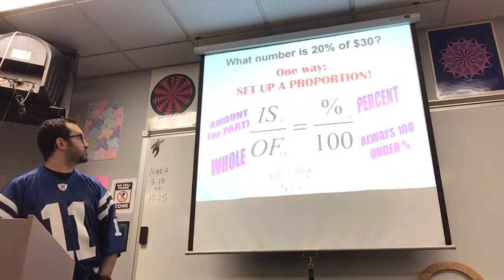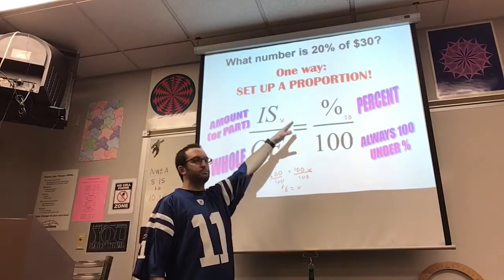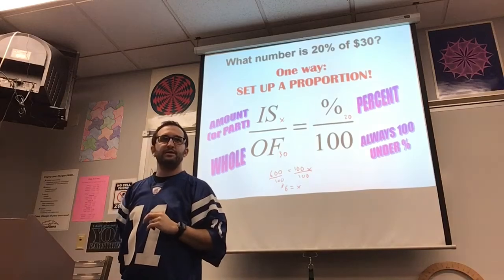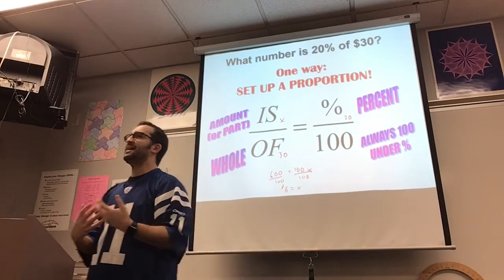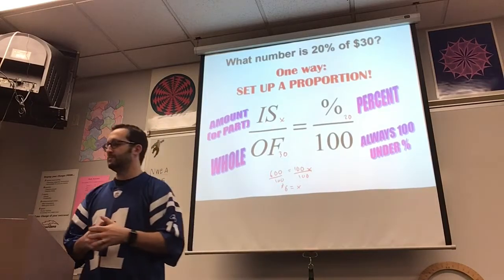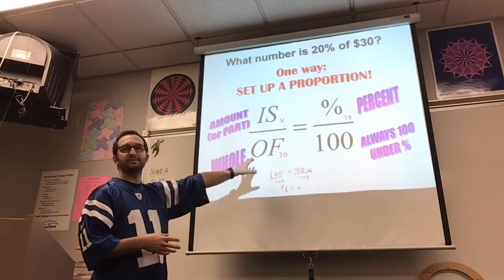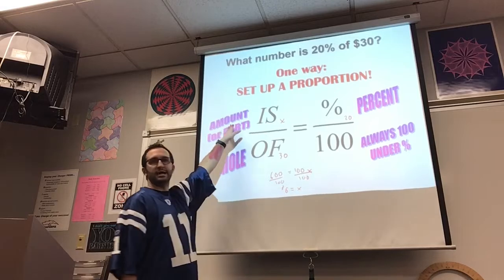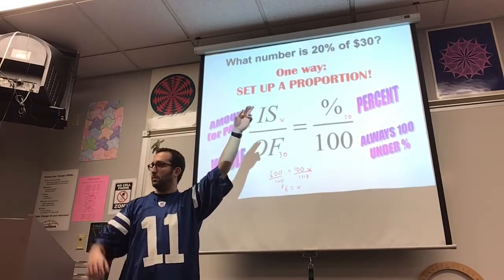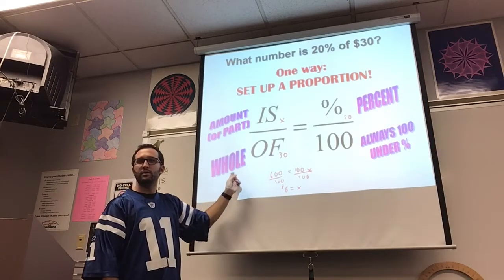So another way that we can structure this, so this is over of is the percent over 100. And this isn't really a very mathy way of doing something. When we have variables, things that we have to plug in, we typically use letters. So there's another way that we can write this. What letter do you think we use for amount? What letter do you think we use for whole?